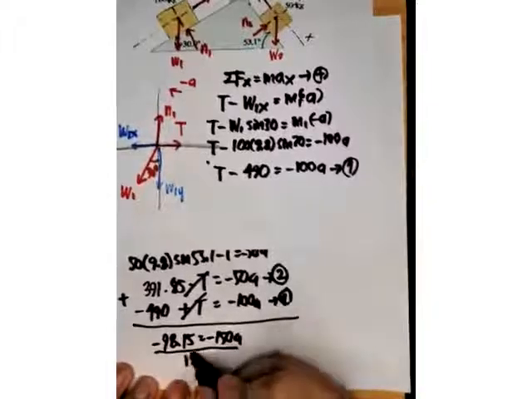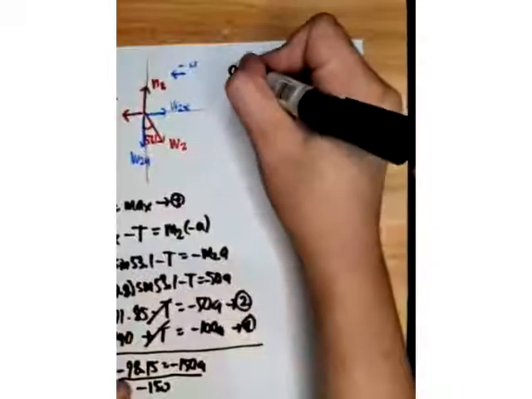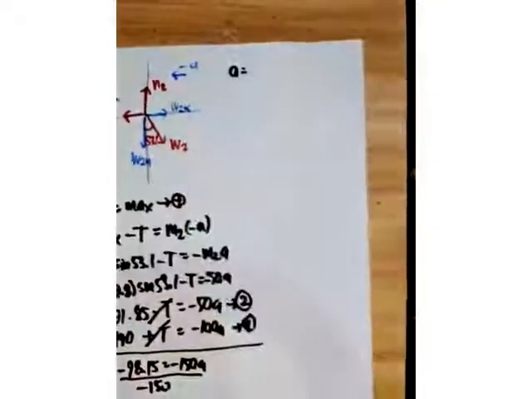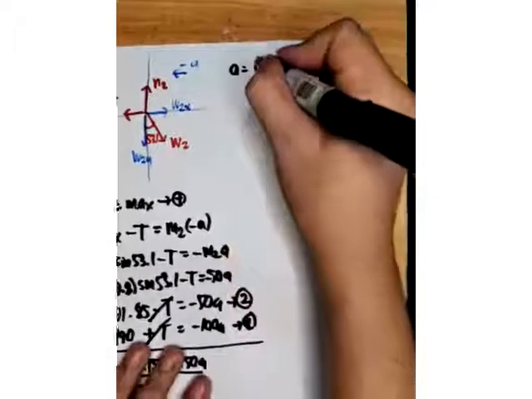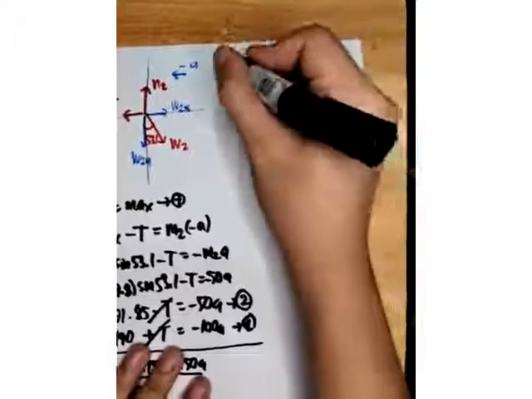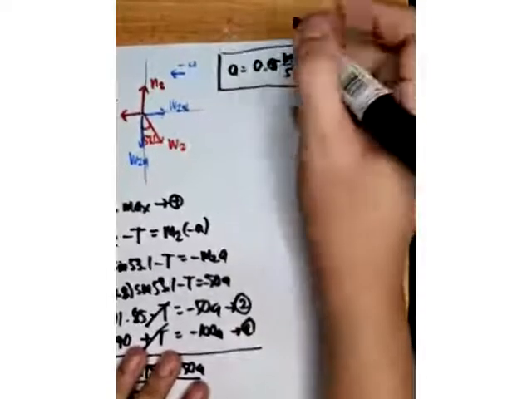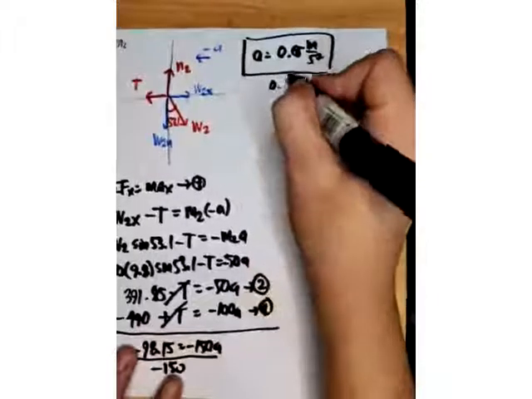So divide this by negative 150. So what's our acceleration? So acceleration is, okay, so 0.65 meters per second squared. 0.65 yan.